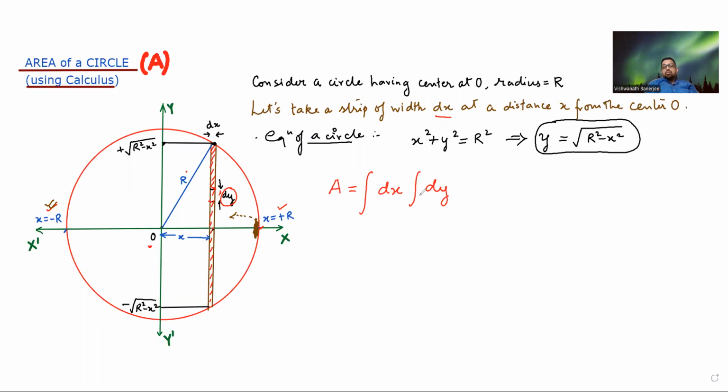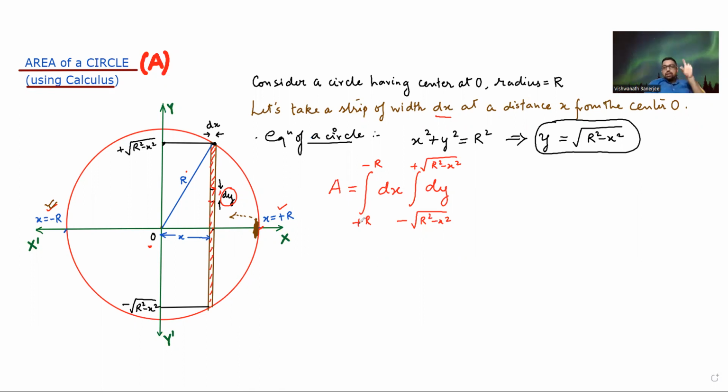And as I said, y is going from minus under root of r square minus x square to positive under root of r square minus x square. And the limits of x, as I just now explained, would be plus r to minus r. Correct?